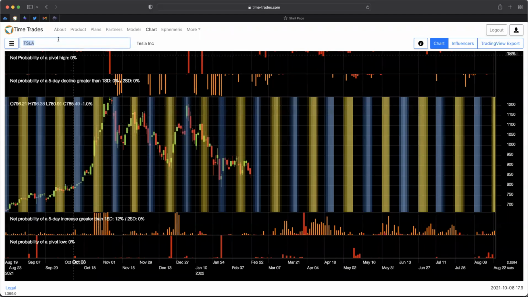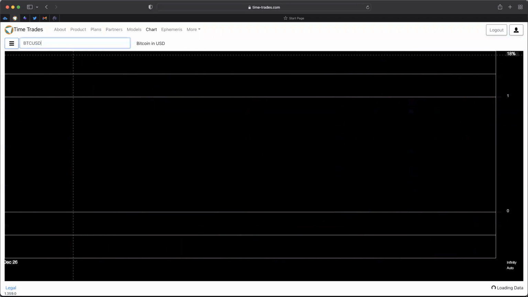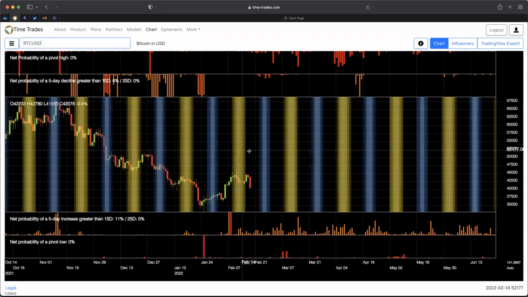What are the Timetrades daily forecast telling us in Bitcoin? Well, we've got a pretty steady background of bullish forecasts here, a fair bit of up pressure heading into early March. There's a smattering of pivot highs and 2 standard deviation down days, peaking at about 18% probability here on February 26th.